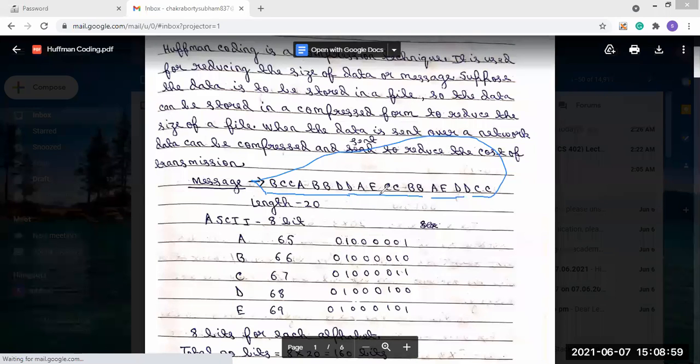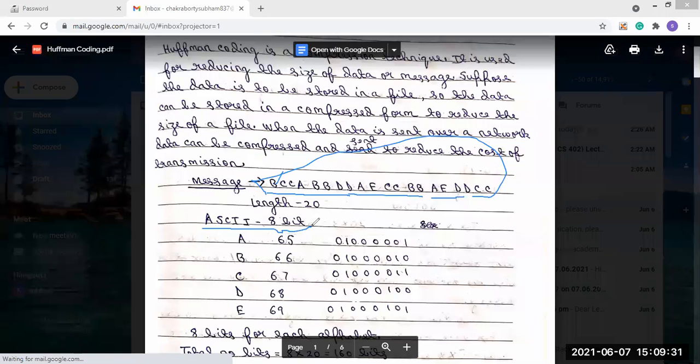Now, these are all characters, and we know that the computer understands ASCII codes. What is the full form of ASCII? American Standard Code for Information Interchange. You know this code from your digital electronics course.